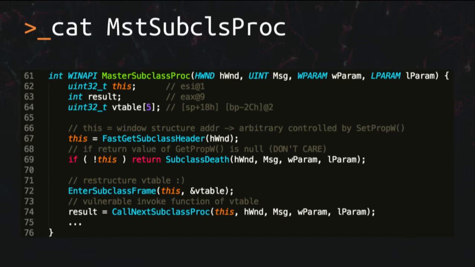Then it verifies the window data we just got with another function, is enter subclass frame. Finally, if the window data is correct, Explorer will try to invoke the function on the window data. So let's see how Explorer checks the window data and how it calls the function.